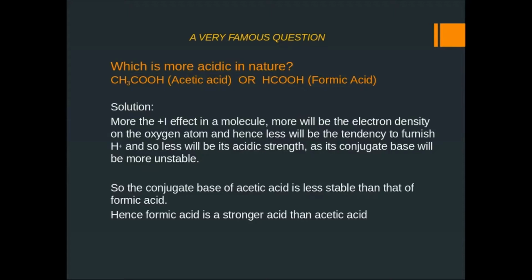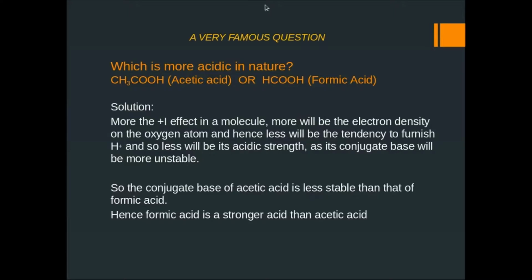So in that case, the oxygen remains comparatively stable. So the oxygen has a greater tendency to break the OH bond, and the chances of H plus ions released in the solution will increase, and so formic acid is much more acidic than acetic acid.